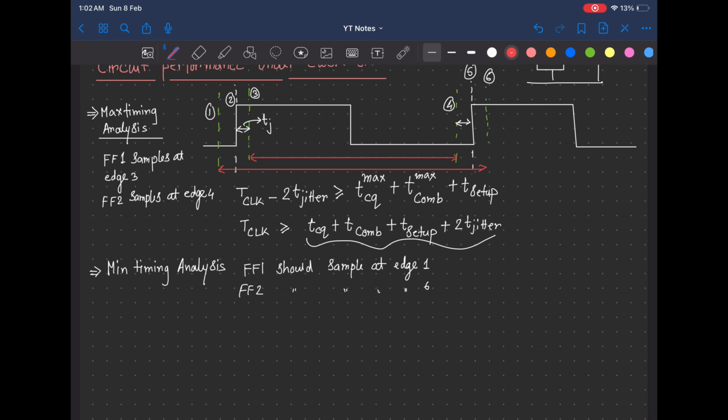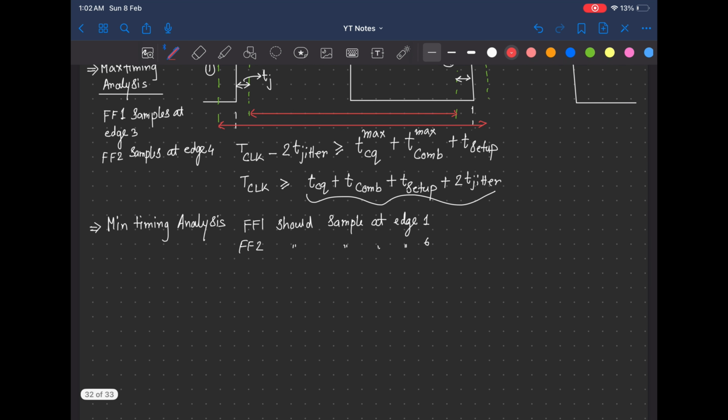In hold calculation we didn't talk about any clock period, so the simple formula would be T hold plus 2T jitter less than or equal to T clock plus T combinational data minimum.